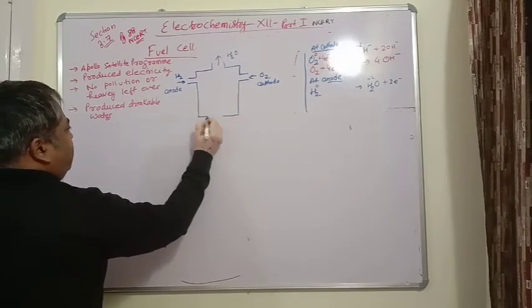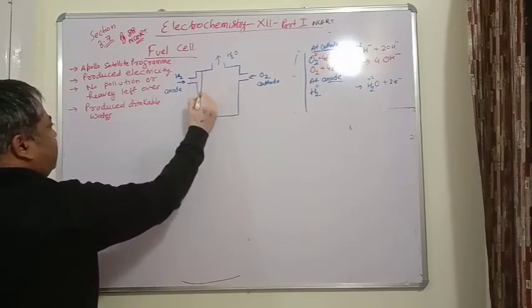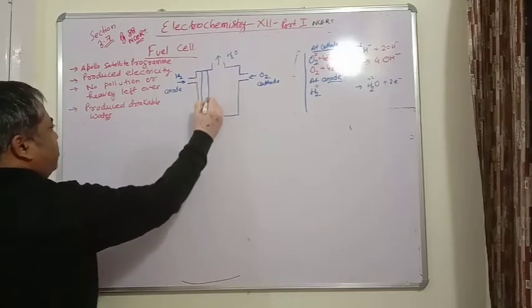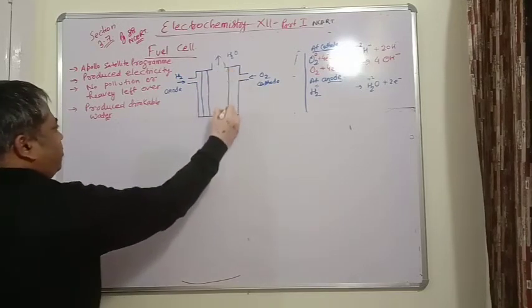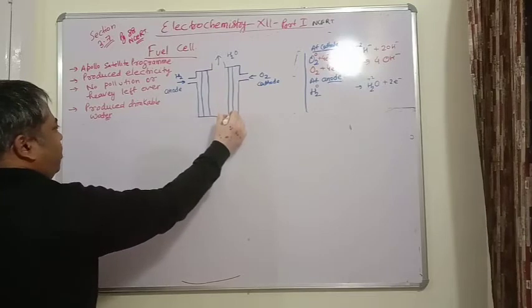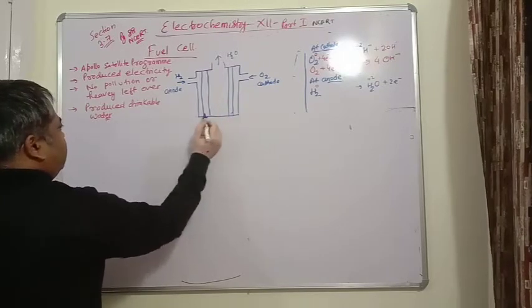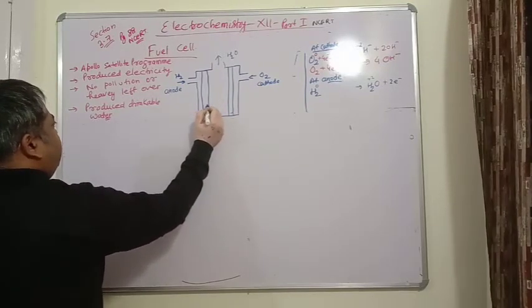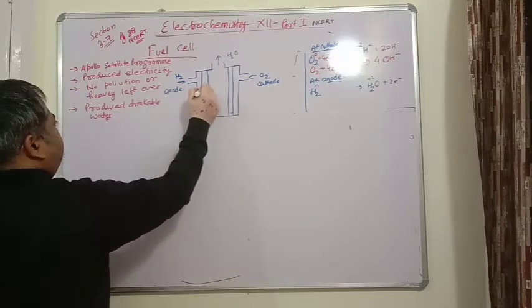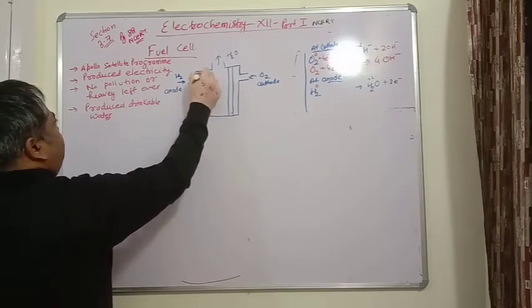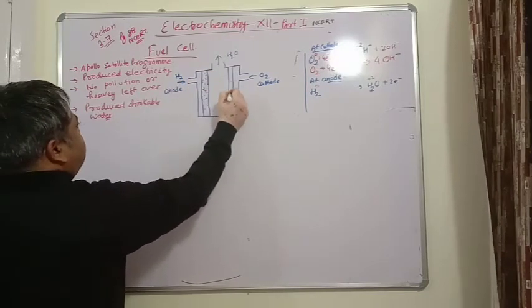The electrode used was porous carbon electrode, in which ground platinum was used as catalyst.